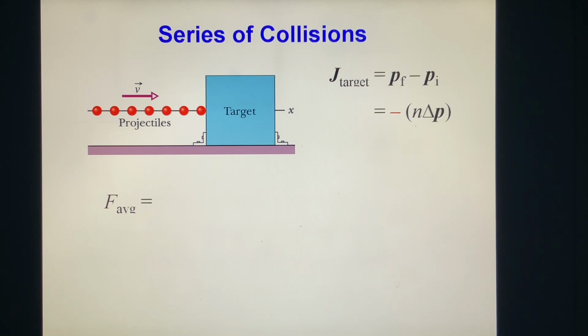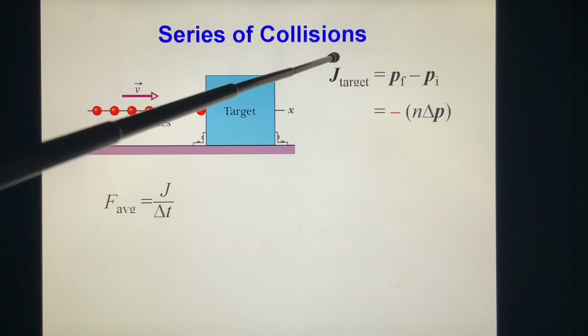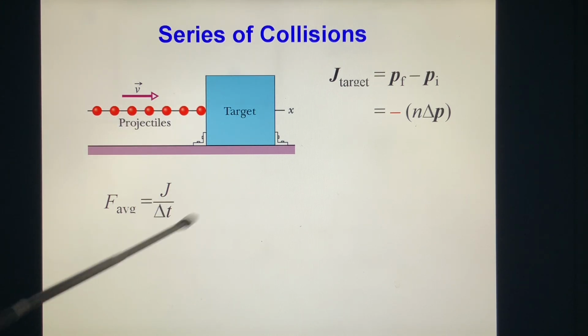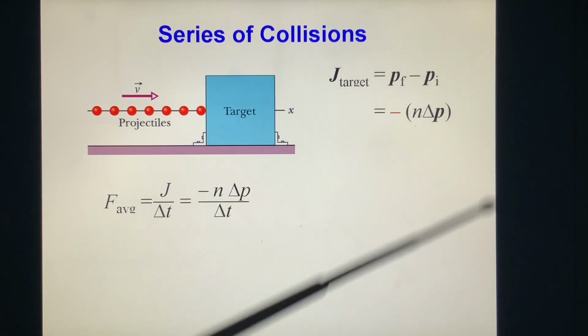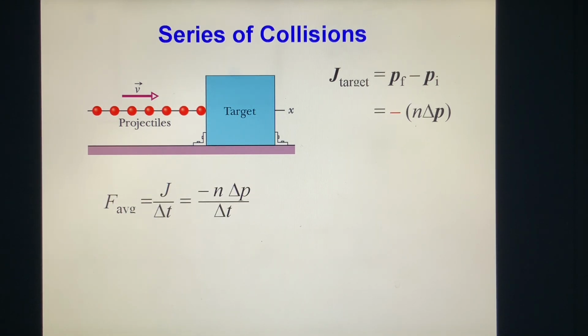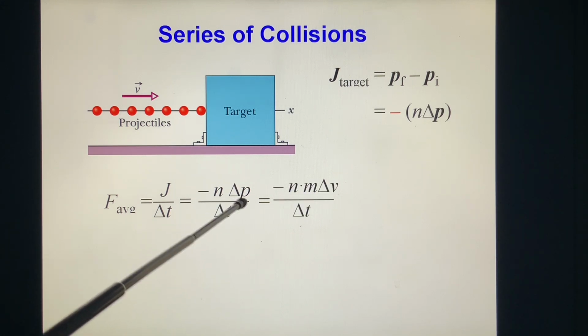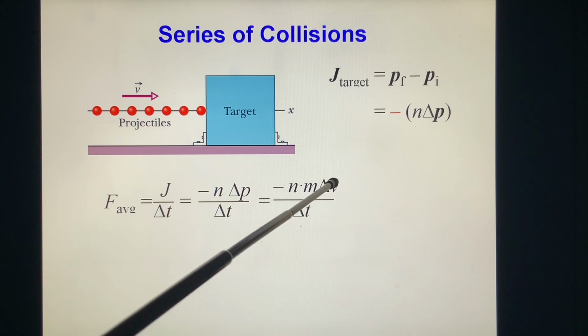Now we see that the F average is equal to J over delta T, which is minus delta P over delta T. Since P equals mv, this is equal to m delta v.